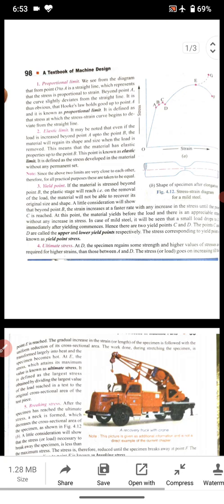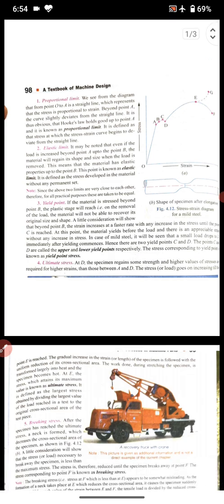Now second is elastic limit, that is point A to B. Point A to B is the elastic limit.